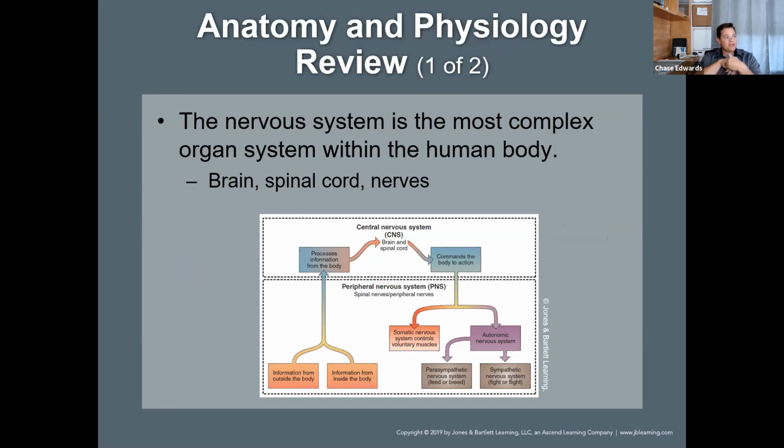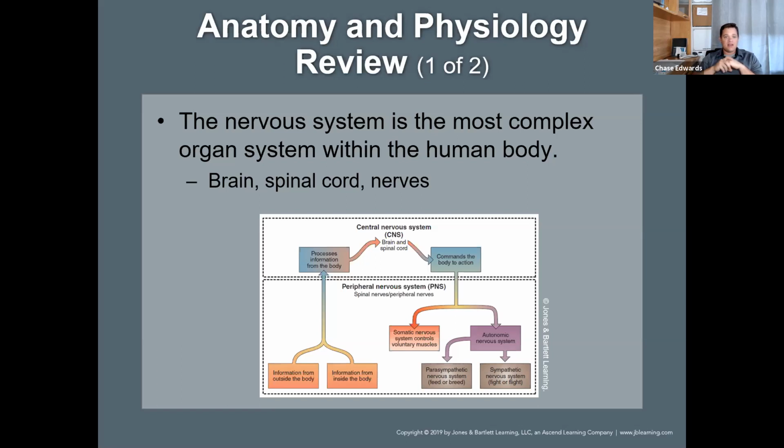So, an anatomy and physiology review. The nervous system is the most complex organ system within the human body. I think we've mentioned it in every injury and illness chapter we've read over. There has been at least minimal something said on what the CNS or ANS controls, right?